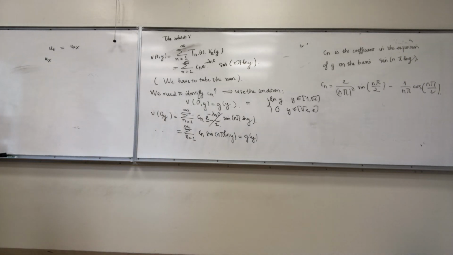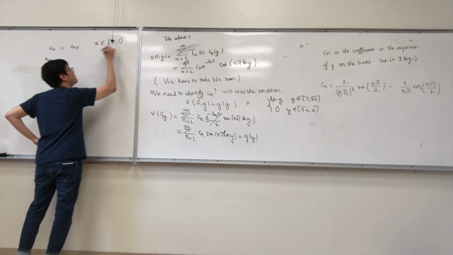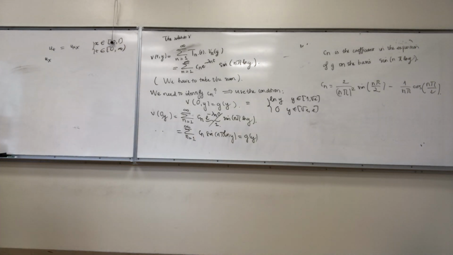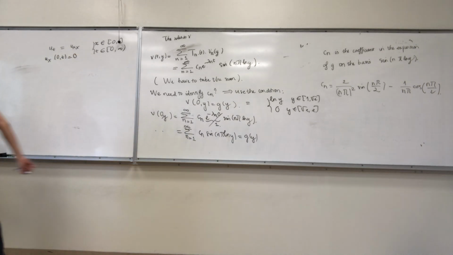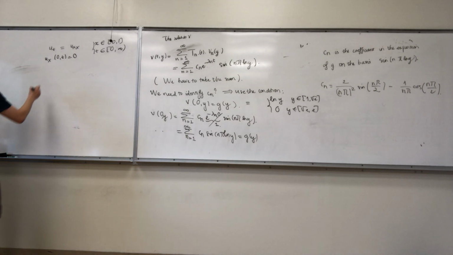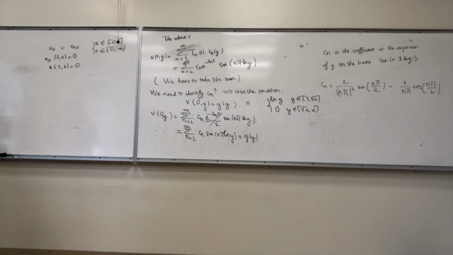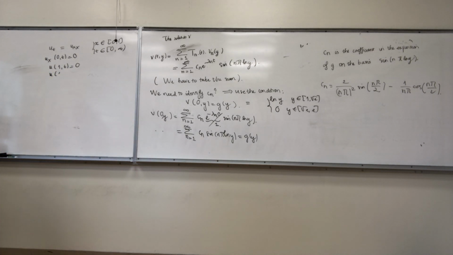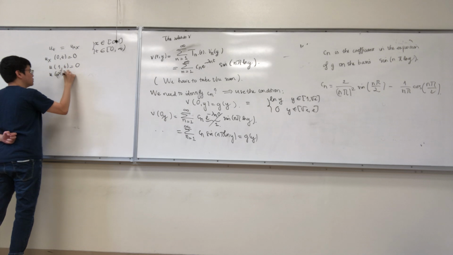The equation is solved on x in (0,1), and t is from 0 to infinity. u(0,t) will be 0, and u(1,t) will be 0, and u(x,0) will be x.